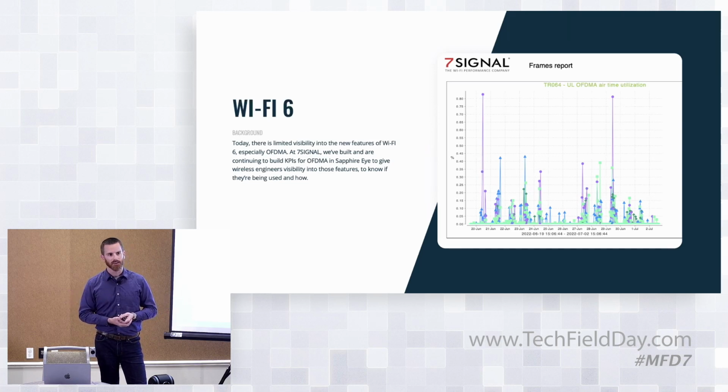So, we're just getting started with that, but interesting that the sensor in its current form with 802.11ac radios can still give some visibility into these new Wi-Fi 6 features. So how do you do that?